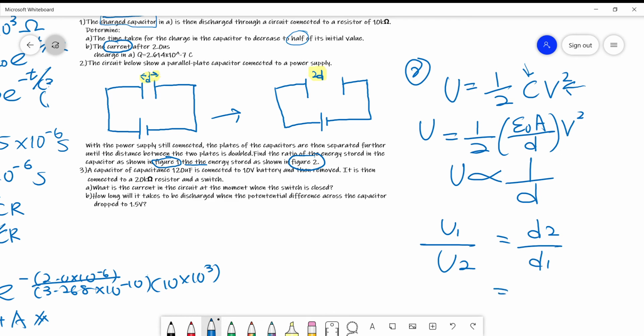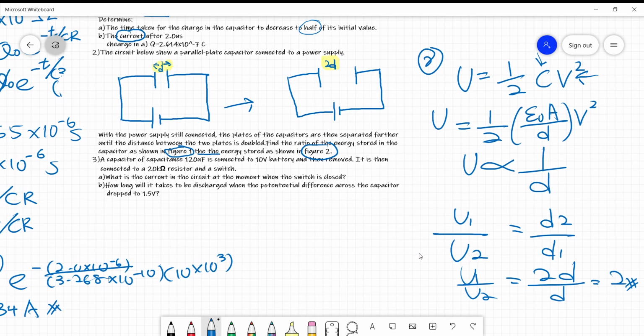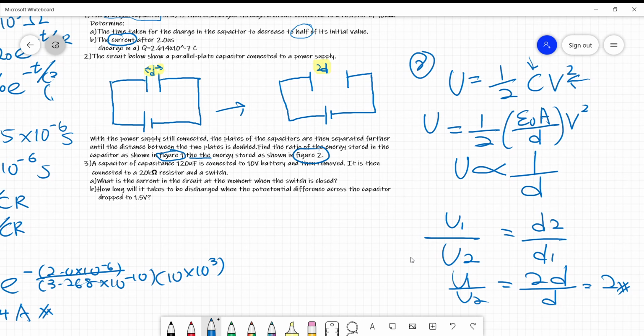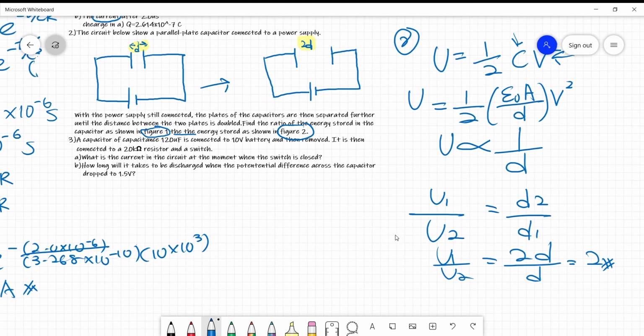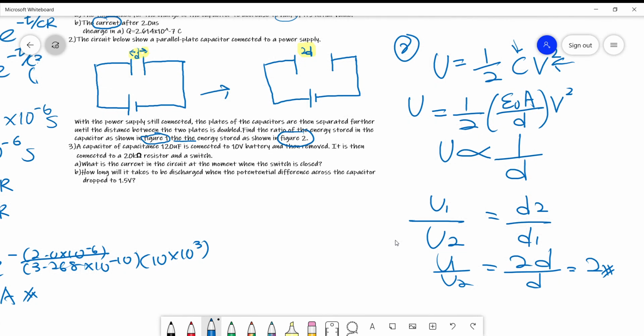D2 is 2D and this one is D, and finally the ratio of U1 to U2 is 2. So this is the way that we relate both the initial energy stored and the final energy stored when the plates are separated further.